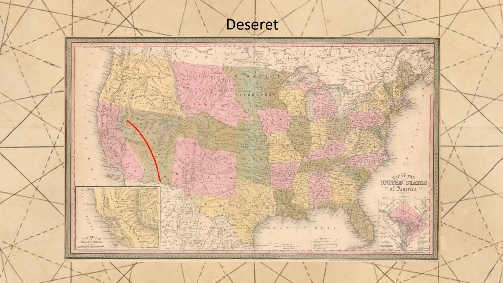Thus, if a publisher heard from his sources in Washington that there would be a new political border drawn, he would sometimes put it on the map even before it was confirmed. In this example, the publisher shows Deseret, even though it was never actually created. As it happens, Congress had its own agenda for this region, which did not favor Mormon control.